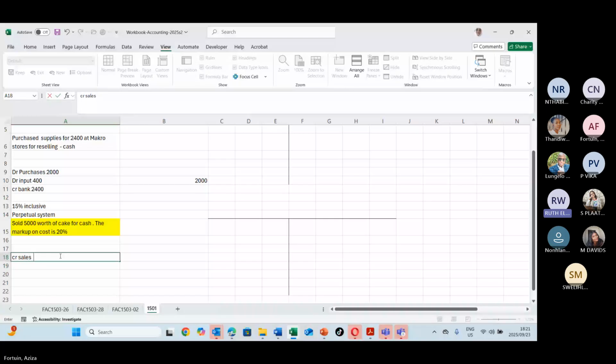Okay, so now we're going to have to get the VAT out. So it's 5,000 times 15% divided by 115.